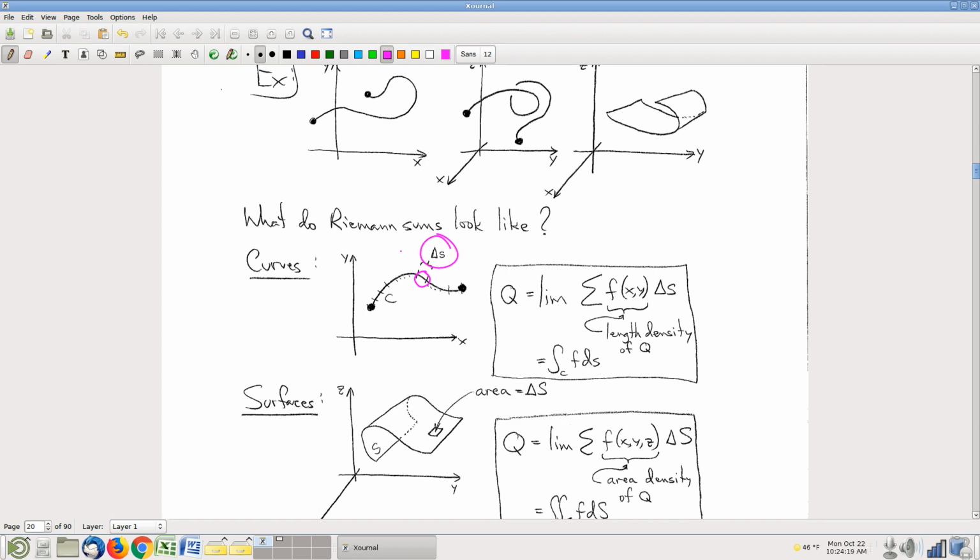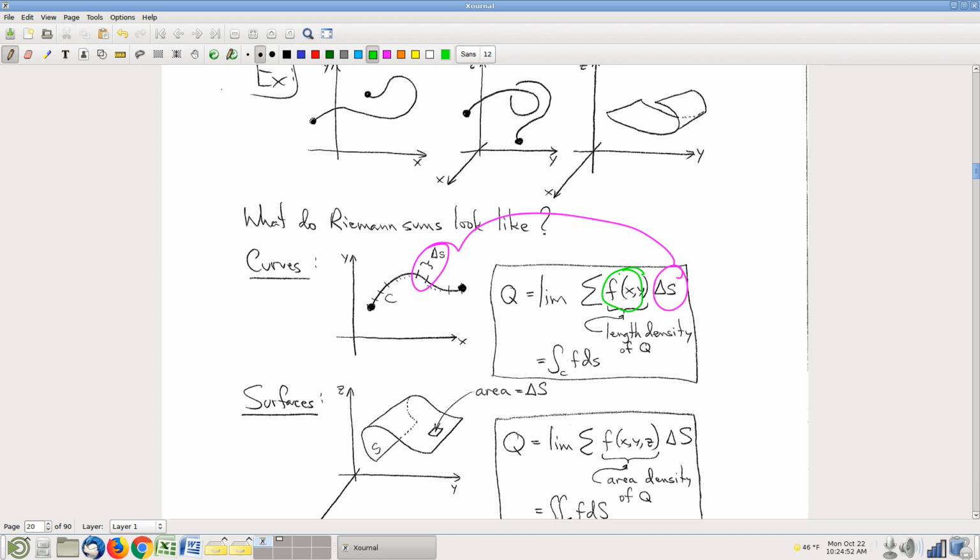And per the usual chop it up, add it up strategy, we're going to take the size of each little piece, multiply by some integrand, depending on what it is that you're computing. If you're computing mass, well, then that's mass per unit length. If maybe there's a bunch of ants crawling around on this wire, and you want to compute the total number of ants, then that's going to be ant population density, ants per inch, ants per unit length, what have you.